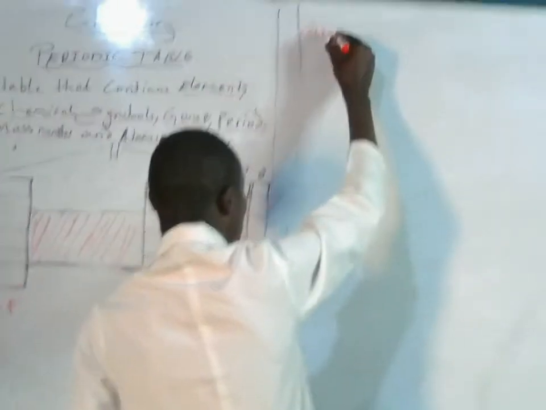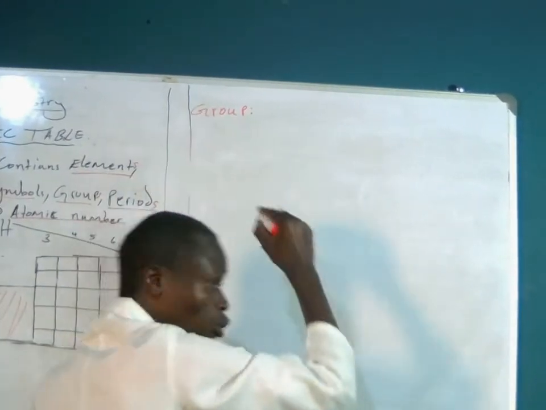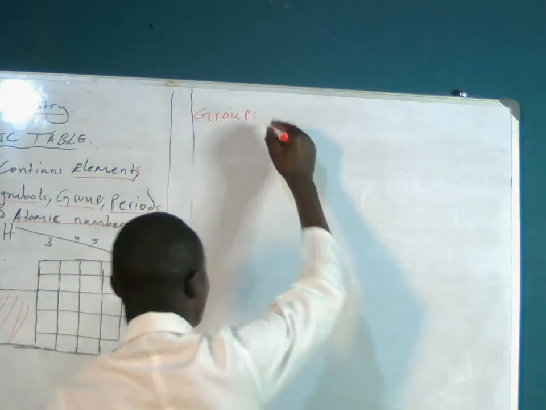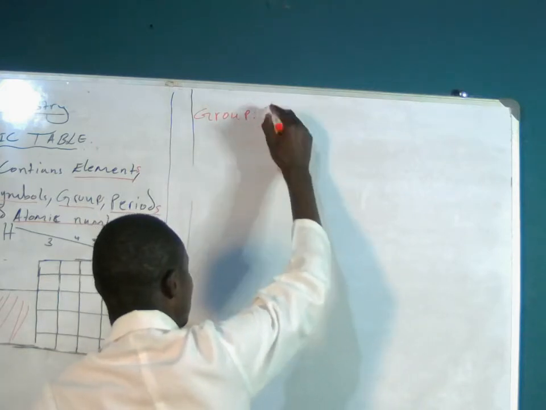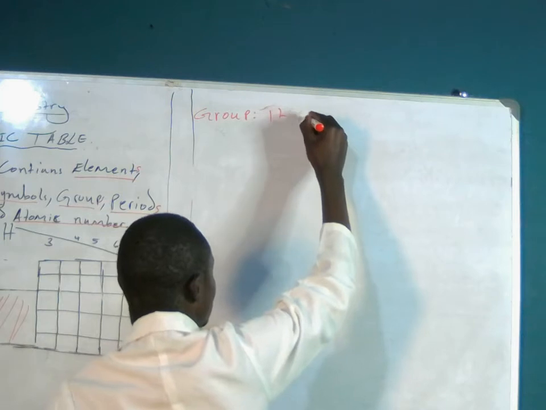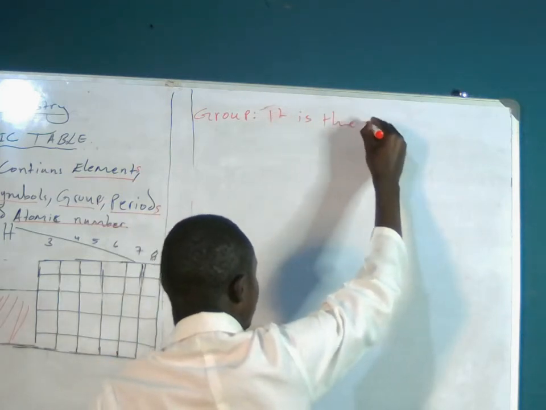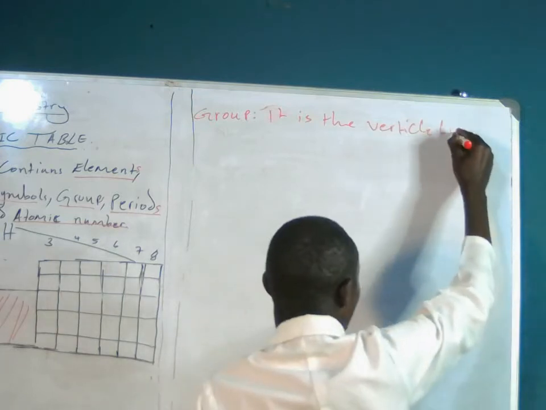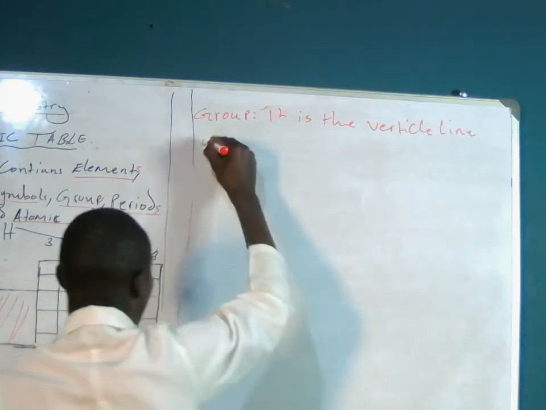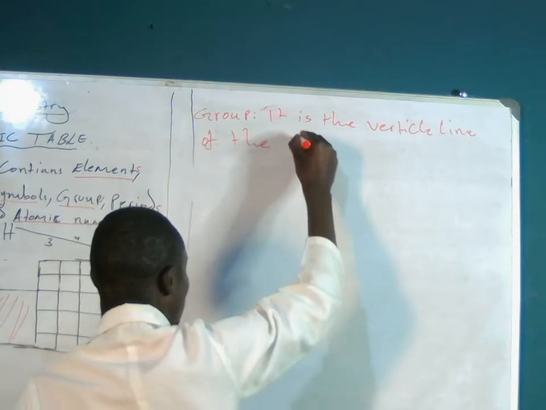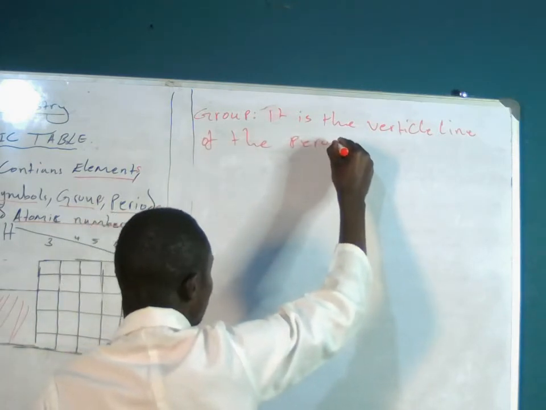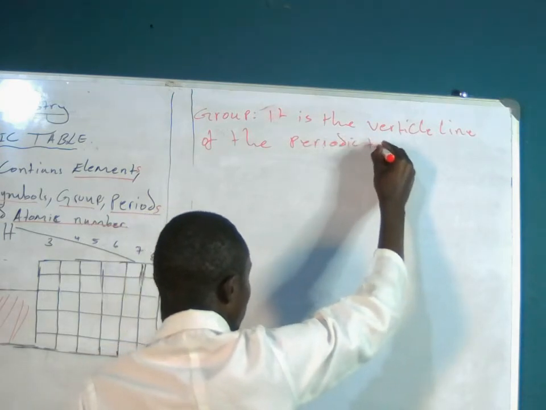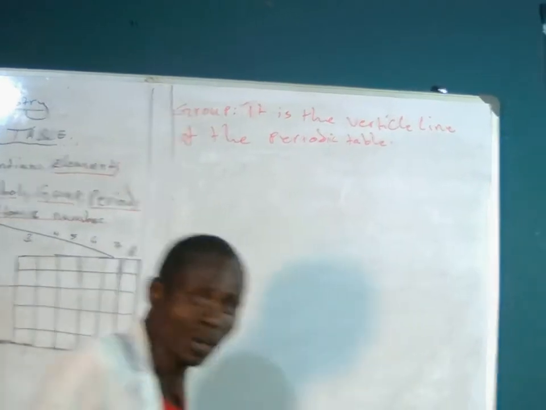So a group is simply the vertical line of the periodic table. That is what we call a group.